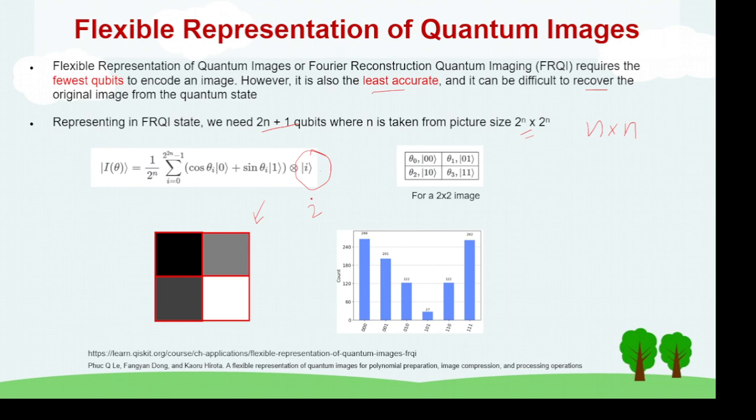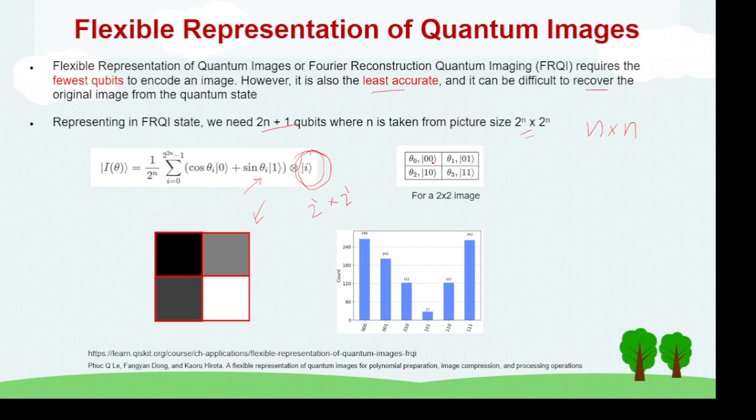It is 2 to the power of 1 by 2 to the power of 1, so n is 1, and we need 3 qubits. Out of 3 qubits, 2 qubits are used to index the pixel, and 1 qubit helps us to encode the intensity.